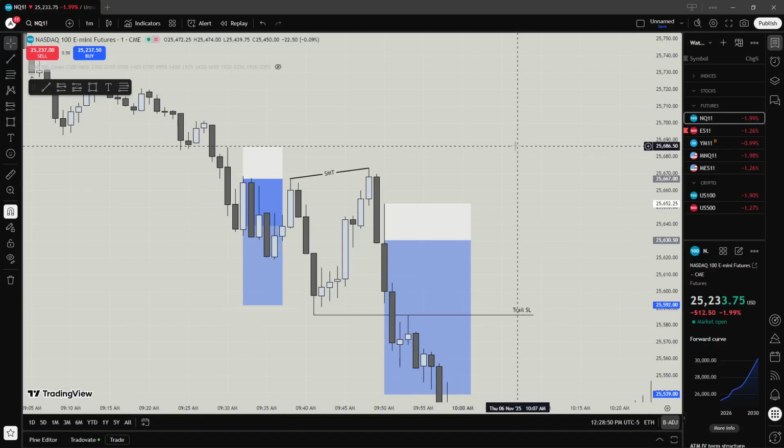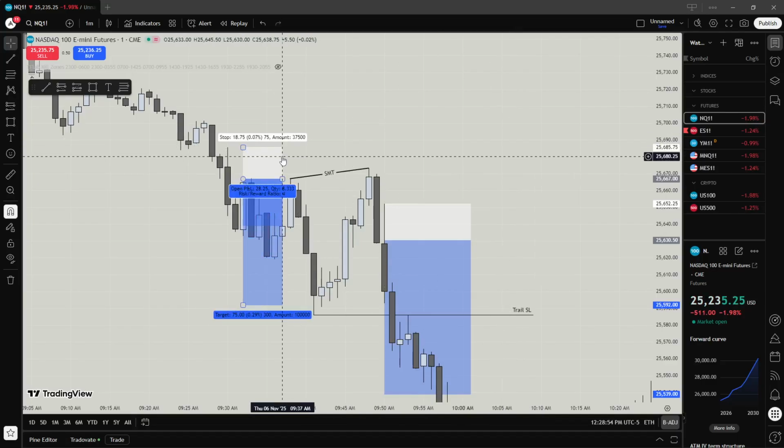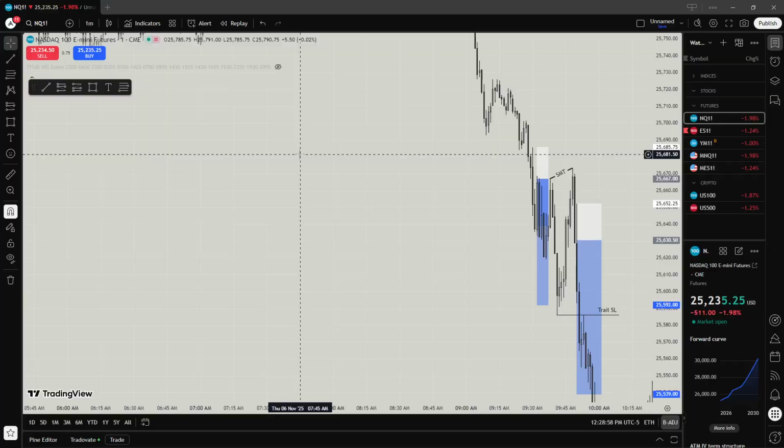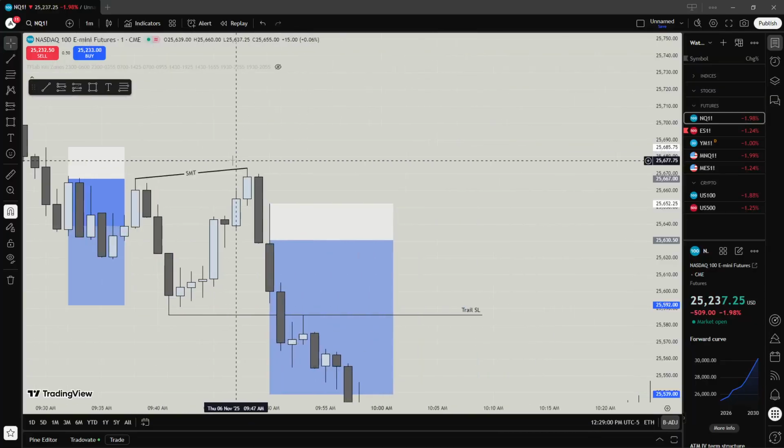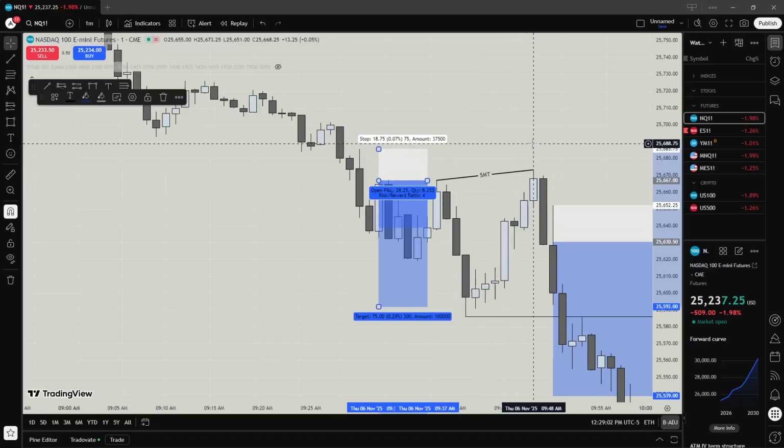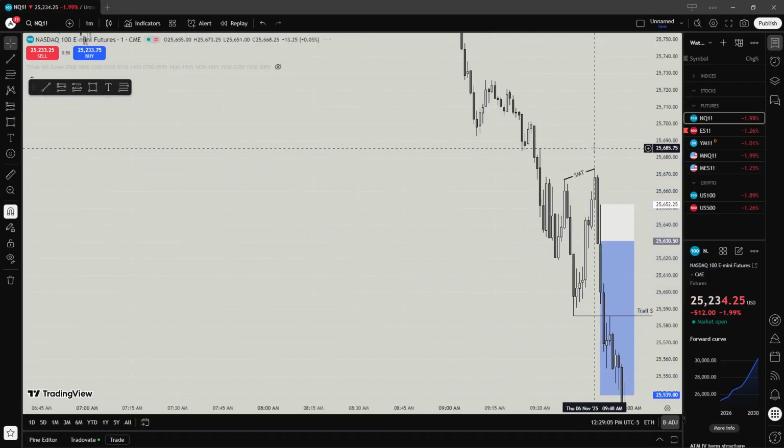I am risking heavier on these evals because they are evals, but I still didn't want to let it run back on me. So that's that trade. I basically went break even there, maybe like $100 or something.